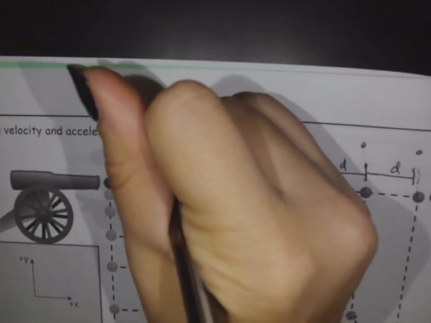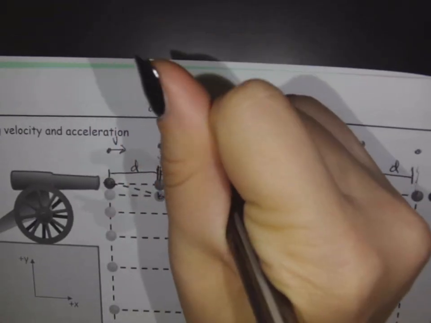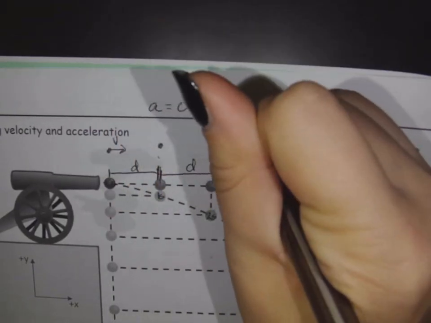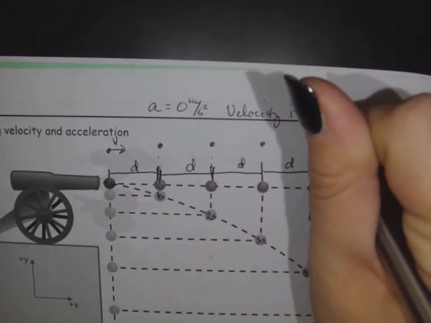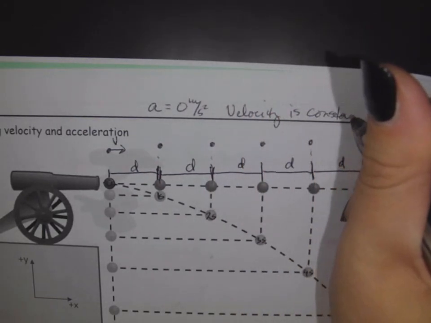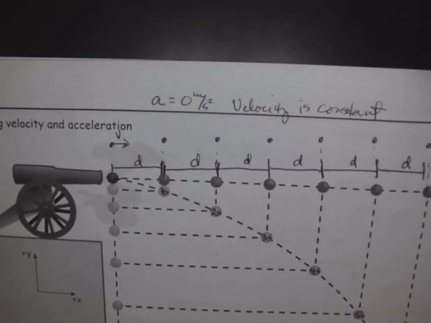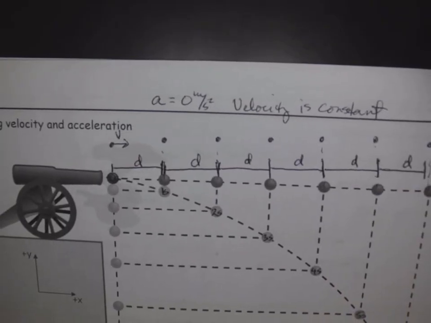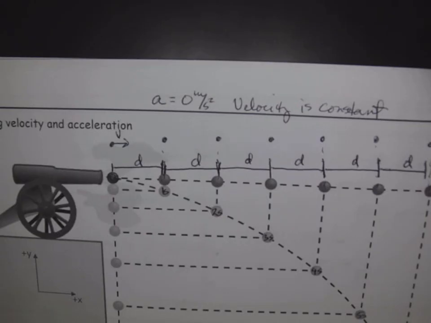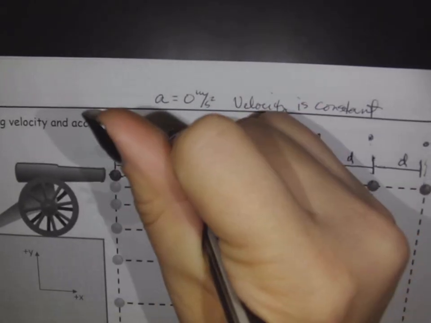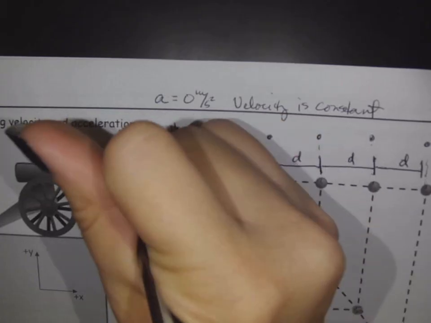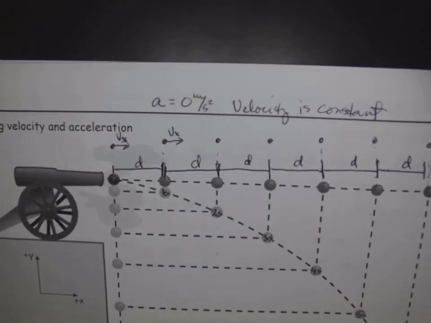When the acceleration is equal to 0, that means the velocity is constant. That means the velocity is constant. So in the x direction, the velocity stays the same. Let's do a little v sub x for velocity in the x.